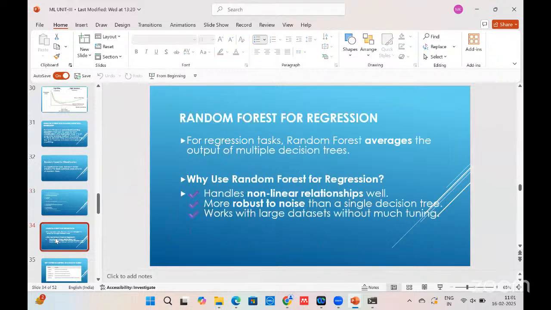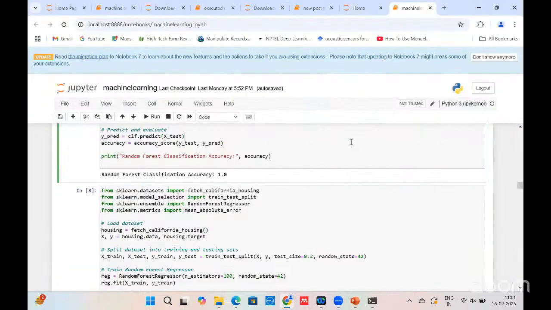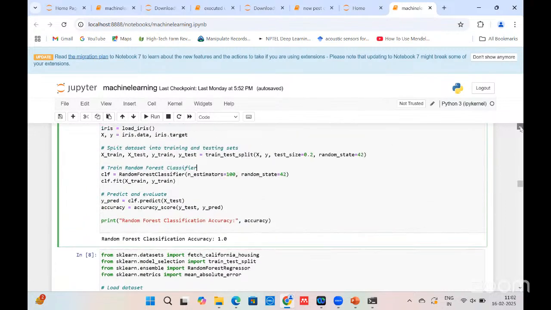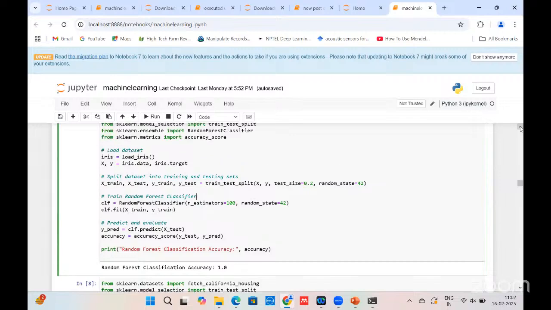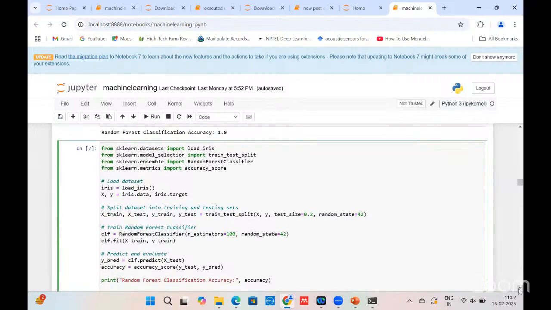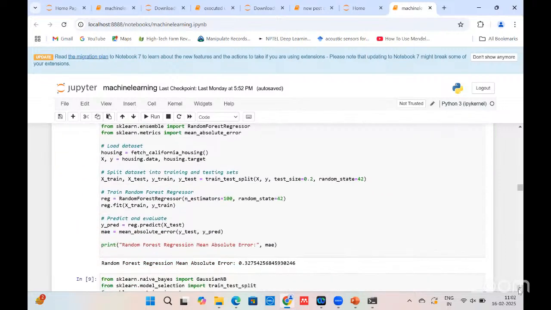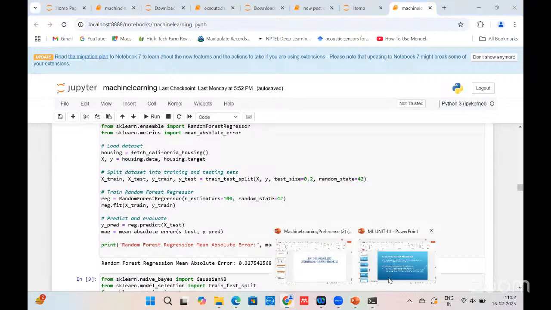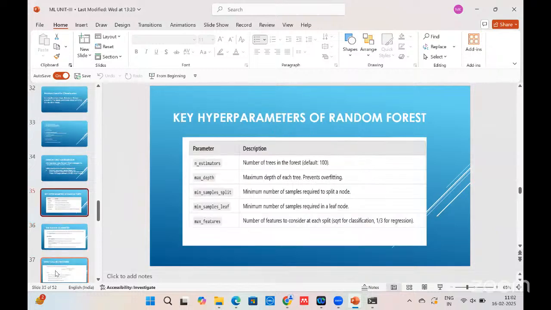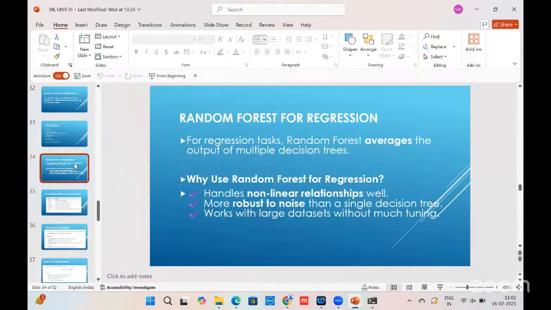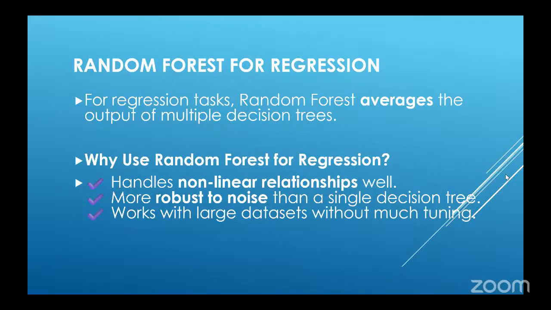So write down random forest for regression. After this slide, I will ask you some questions regarding the programs I have shown you.